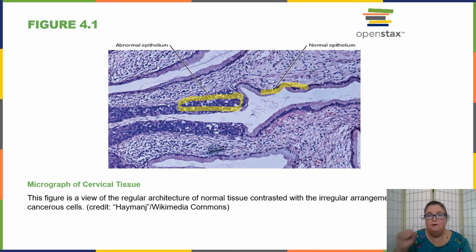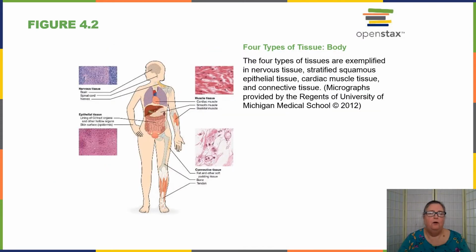So when we can recognize these differences under the microscope, that helps us to see if there is a pathology, to see if there is a disease in our patients. So this was a sample taken from a person and prepared in a process that has numerous steps and observed under the light microscope.